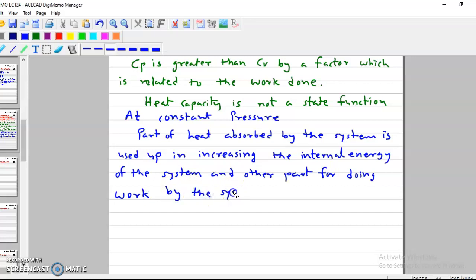So in this way the total heat absorbed is used in two different processes: one for increasing internal energy, and part of it is also work done by the system.